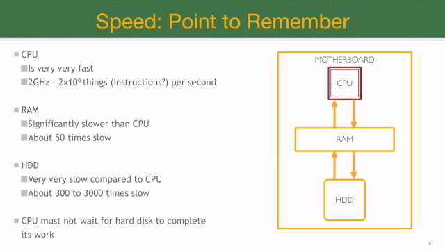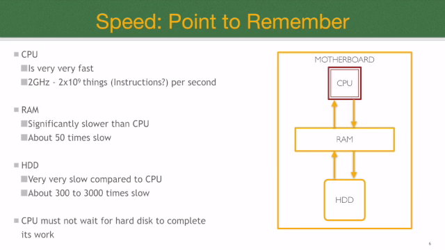So if the CPU is performing an operation and wants to get some instruction or data from the RAM, the CPU will wait for 50 cycles before the data can be fetched from the RAM. So that's a lot of time wastage by the CPU, which is one of the precious resources of the computer.